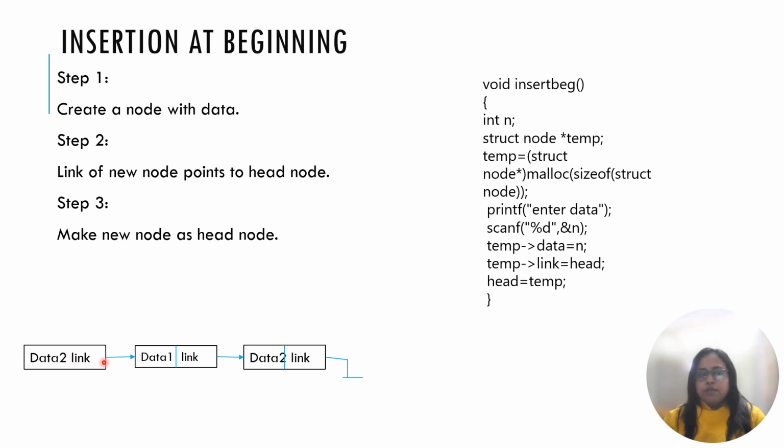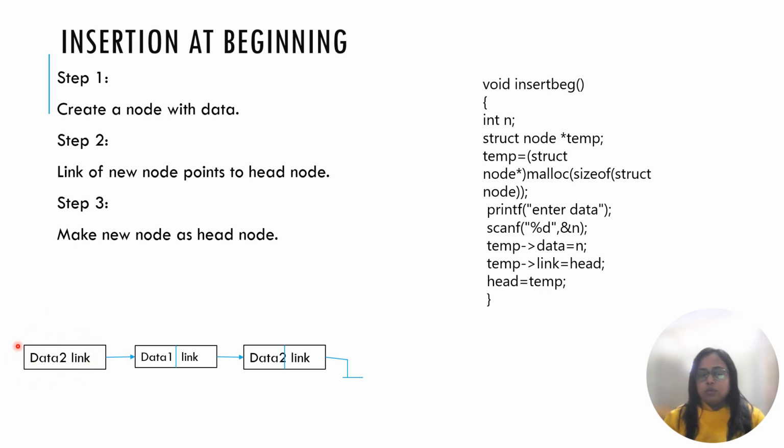Now after linking this node to the head node, this node will be your first node, so head will move backward and point to this node.